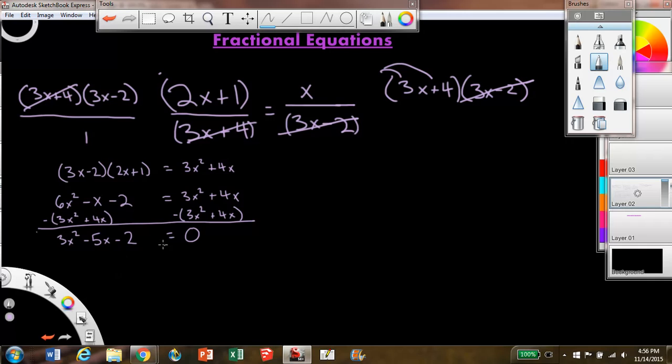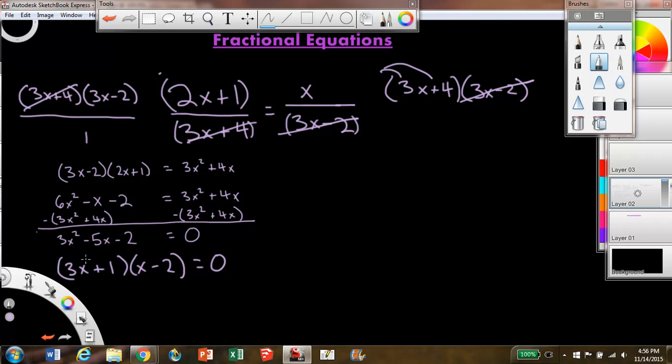Now I'm not going to do that because you've done that a bunch of times. So I know that this is going to be (3x + 1) times (x - 2) equals 0.